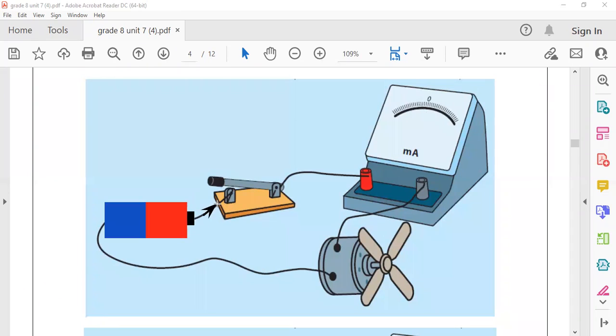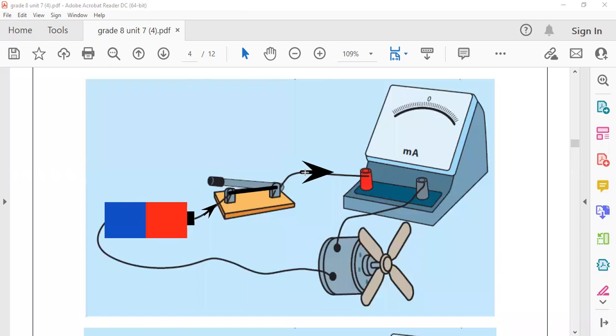Current will flow this direction. Say you are keeping the switch closed. It's a picture, so it's not easy to make it move.